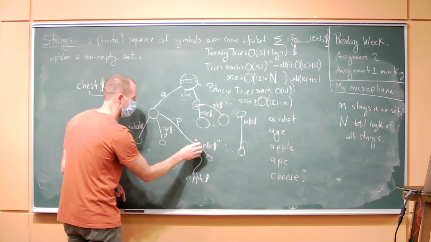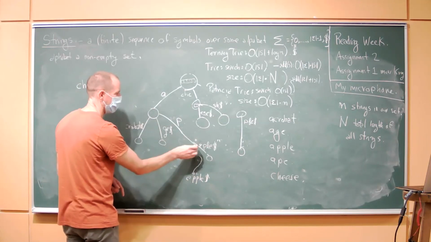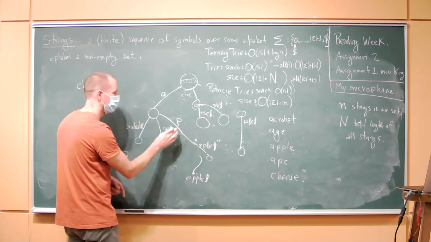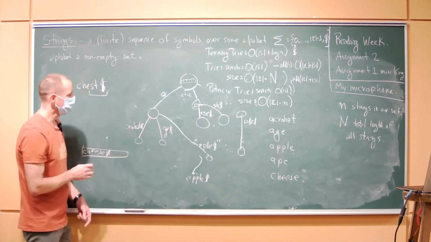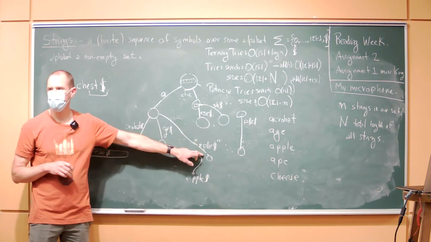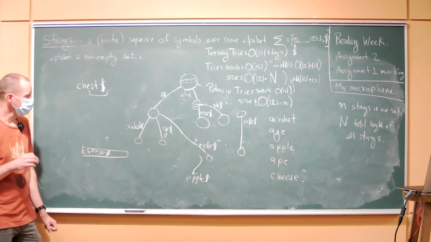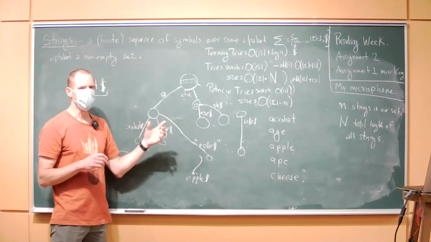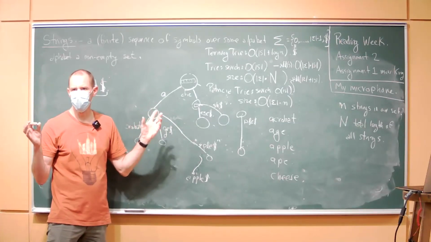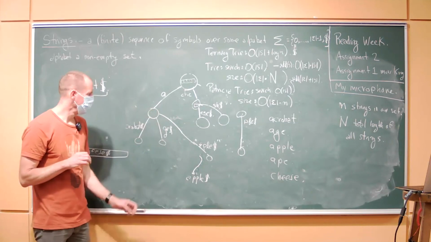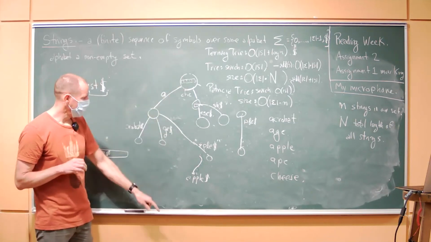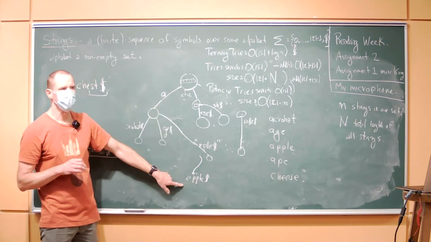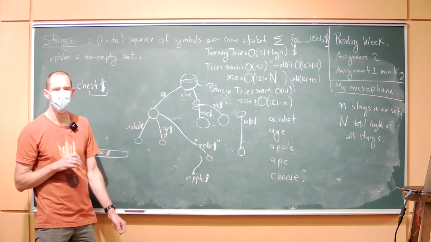So I'm just basically revealing the character that was always there to begin with. And I get the label that I need for this edge. So that also takes constant time, even though it looks like you're merging two enormous labels potentially, but no, all you're doing is forgetting the upper one and remembering that the lower one actually contains the same thing.